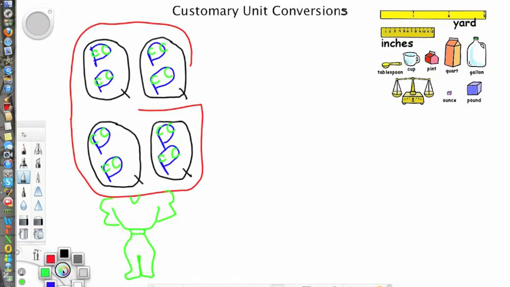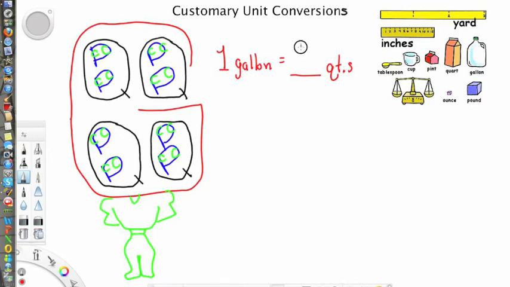Let's do some conversions here. We just said 1 gallon equals how many quarts? I'm going to abbreviate since I'm getting a little squashed over here. 1 gallon equals 1, 2, 3, 4 quarts. That was easy enough.